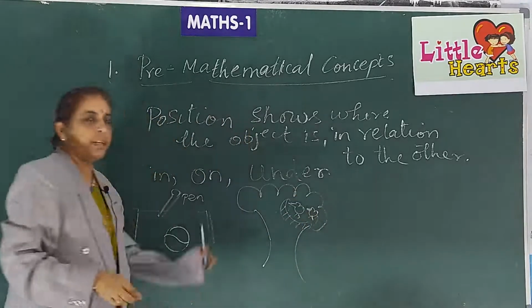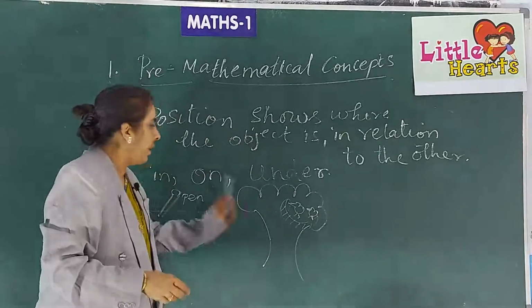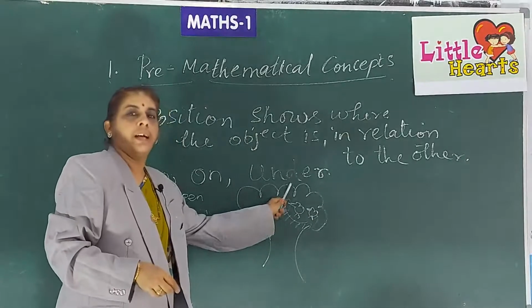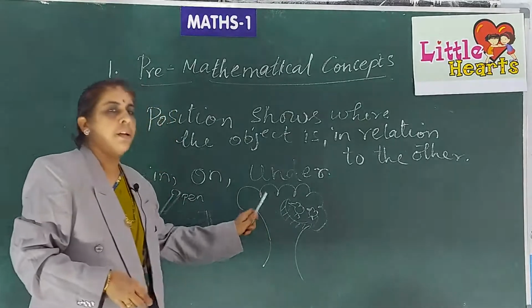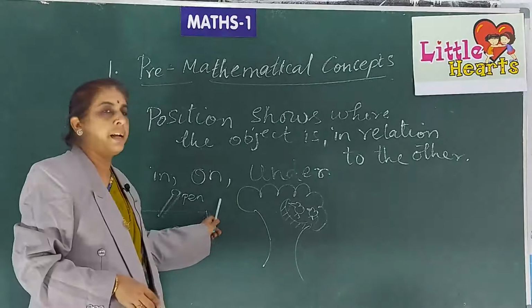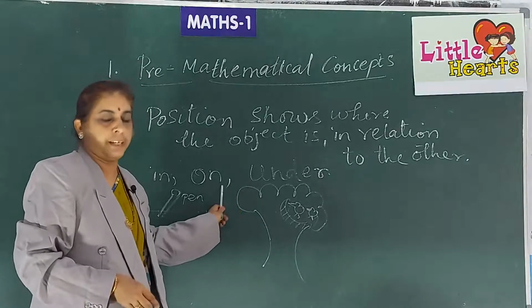Where are the birds? The nest is on the tree and the birds are in the nest. In this way, you will be able to identify the position of objects.